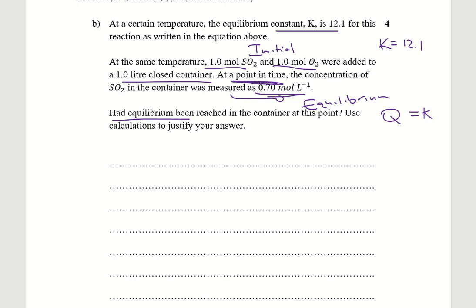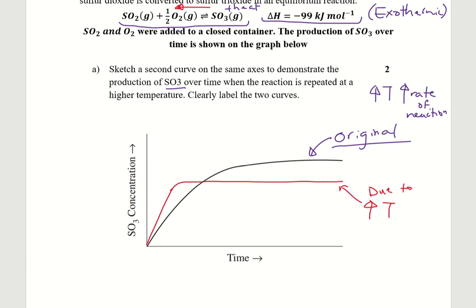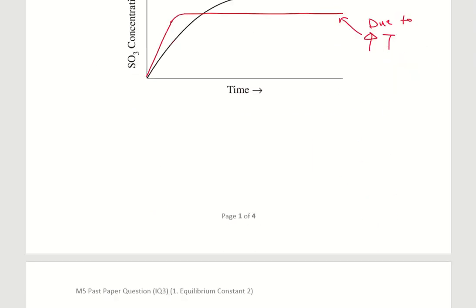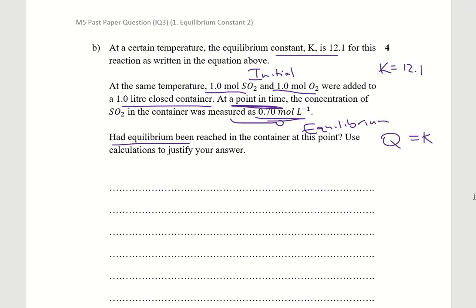Luckily for us, it's actually written at the very top of this page already. So sulfur dioxide plus half of oxygen gas, and then we get sulfur trioxide. Gas, gas, gas, like that. Okay, so that's what we see.